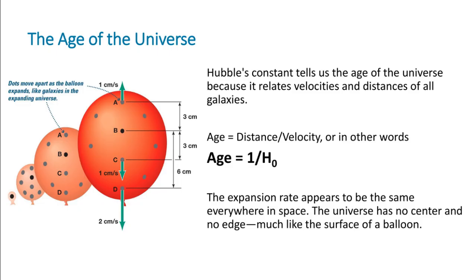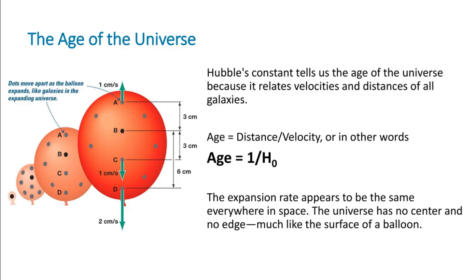By taking that basically census of galaxies and their velocities and their distances, you can use that to calculate the age of the universe. And when we do that, we get a value of about 14 billion years. So we think the universe is about 14 billion years old.